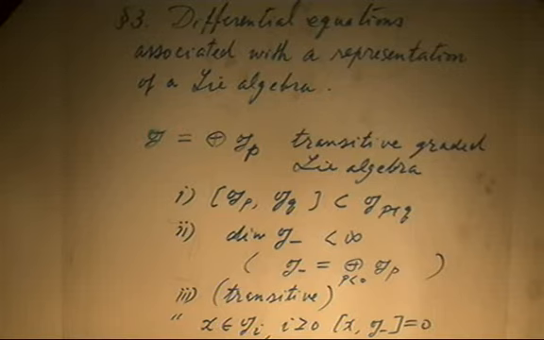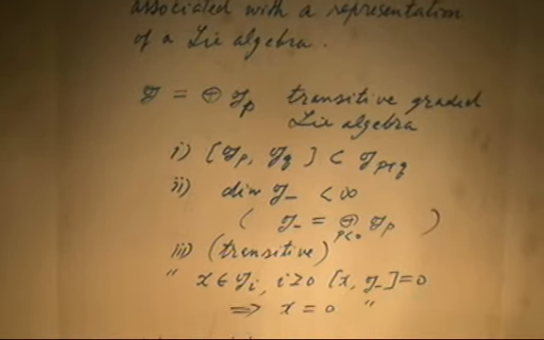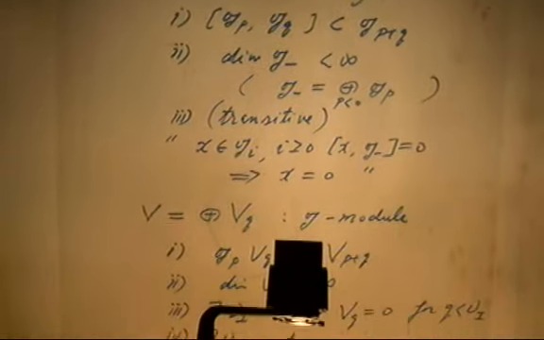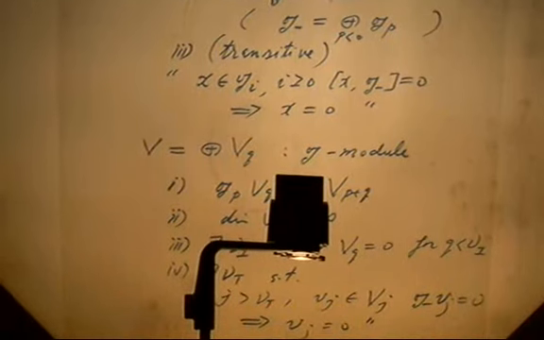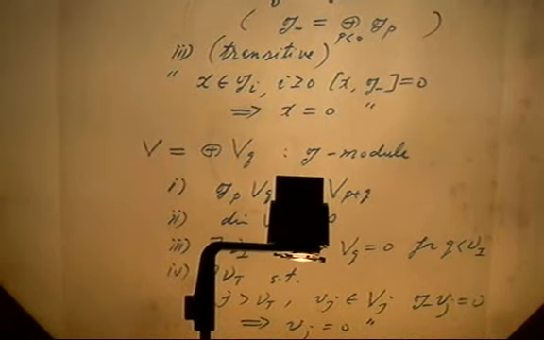That is, a graded Lie algebra first of all, and secondly, the negative part of G is finite dimensional, with the transitivity condition: if X is in G_i and i is non-negative, and the bracket of X with G_minus is equal to 0, then X should be 0. This is the transitivity condition.